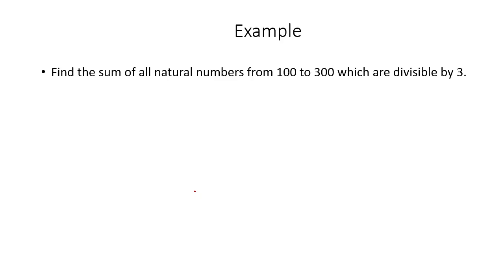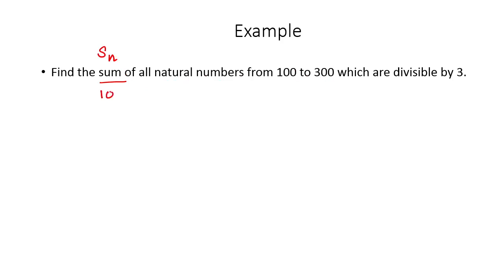Let us consider this one. Find the sum of all natural numbers from 100 to 300 which are divisible by 3. So we want to find out the sum of the numbers. The moment we say sum, we know that we are referring to Sn, and we are referring to all the natural numbers from 100 to 300.